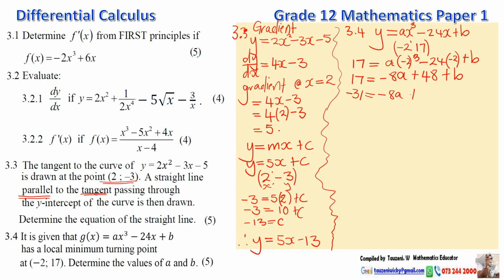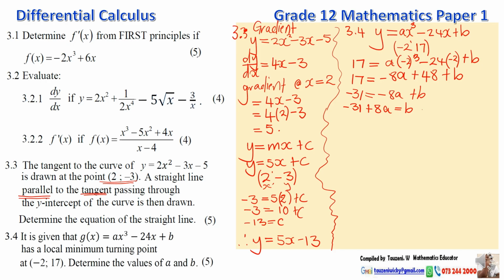plus b. Now, at this level of maths, if you have an equation in two variables, then you can keep it at the back of your mind that these are simultaneous equations that we are going to solve. So, to make it easier for us, we can as well make a or b the subject. So, b is equal to -31 plus 8a.